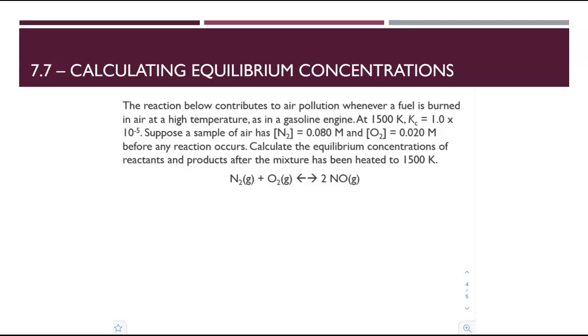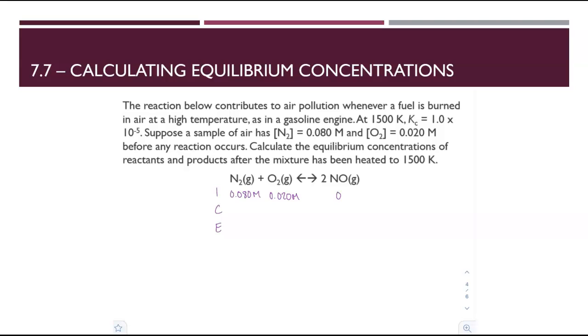So we're going to start with our ICE table: initial, change, and equilibrium. We're given our initial concentrations of nitrogen, 0.080 molar, and oxygen, 0.020 molar. And NO is going to have a 0 concentration to start with.